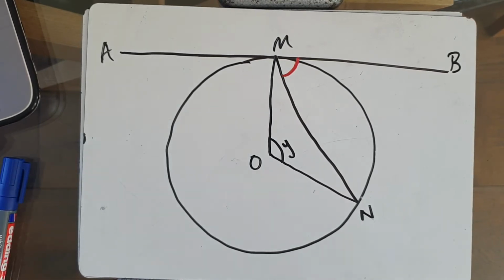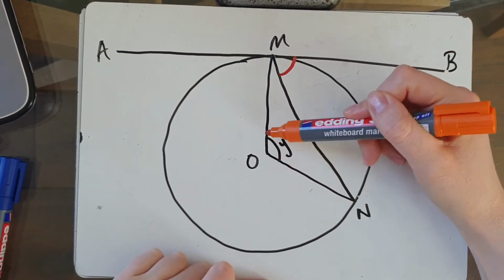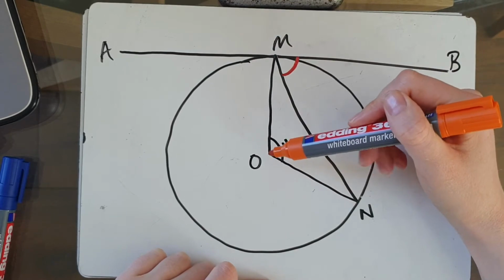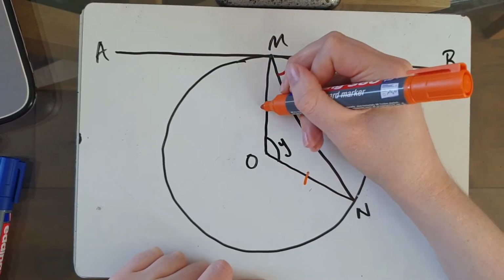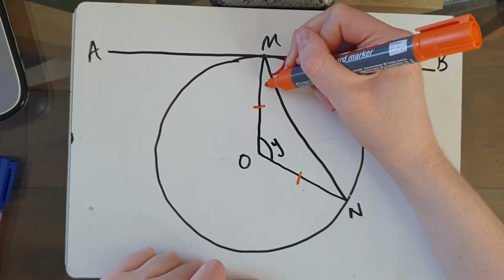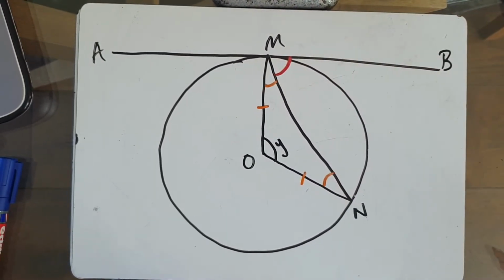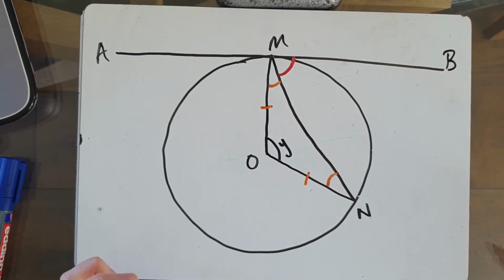So what can I do first? The only angle I've got is this angle y here, but it is within a triangle where two sides are the radius. So this and this, they are the same, which means these two angles are going to be the same.